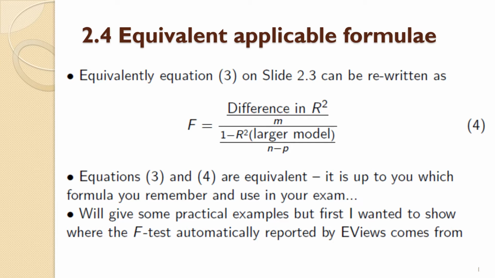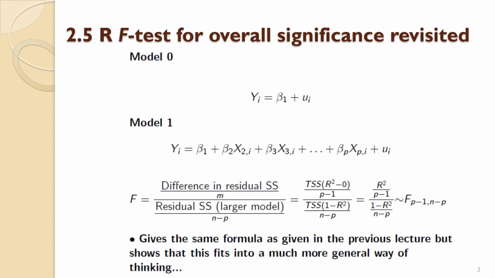Okay, so I'll give you some more practical examples, but first I wanted to show you, if you use the formula in equation 4, where the F-test automatically reported by R and EViews comes from. So I wanted to revisit this F-test for overall significance that is performed as the default choice in both R and EViews.